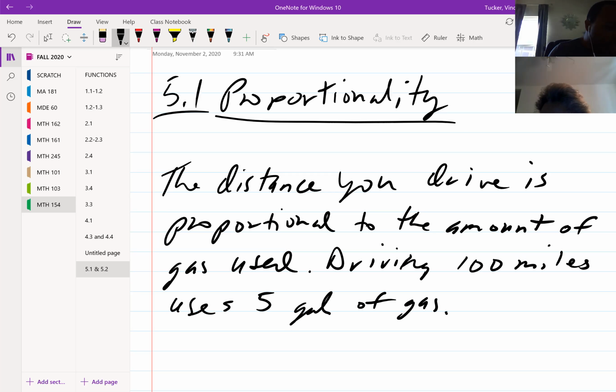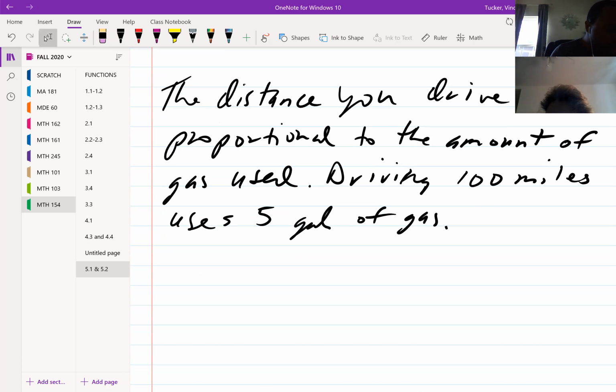All right, so the distance you drive is proportional to the amount of gas used. Driving 100 miles, it uses 5 gallons of gas. Fill in the table. This is gas, distance.